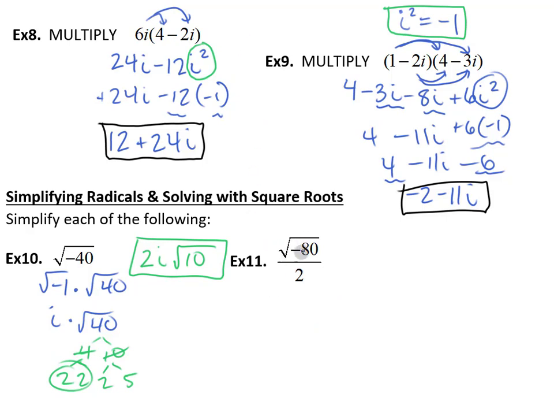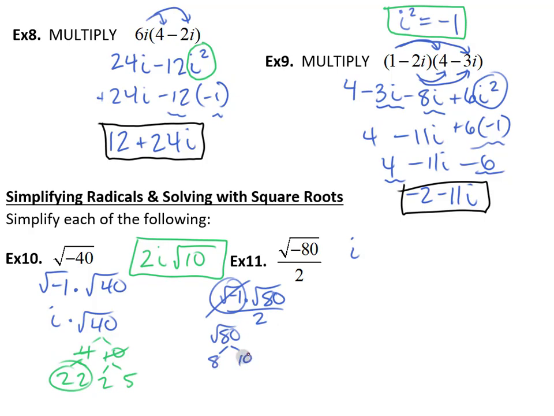The square root of negative 80 over 2. So once again, you can think about simplifying the top as taking out the square root of negative 1 times the square root of 80, all over 2. So we're going to take an i out for our answer. I know for sure there's going to be an i outside my radical, from our square root of negative 1. I do need to simplify the square root of 80.